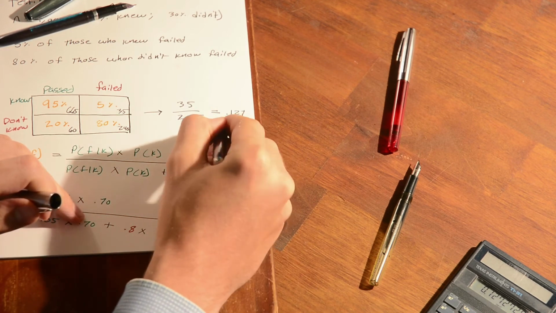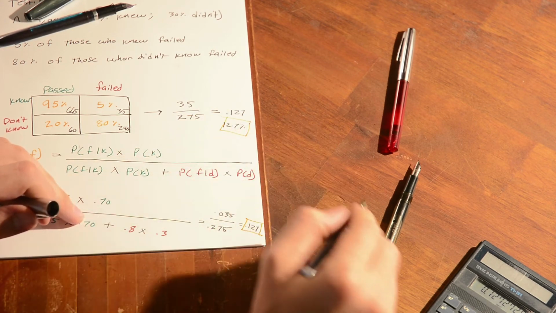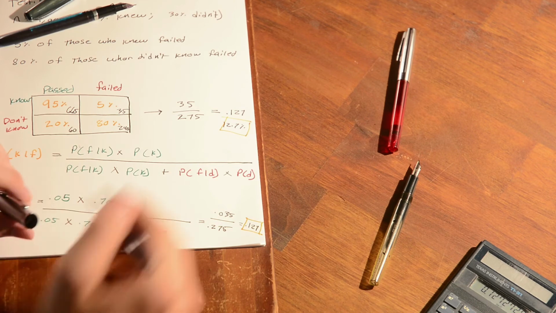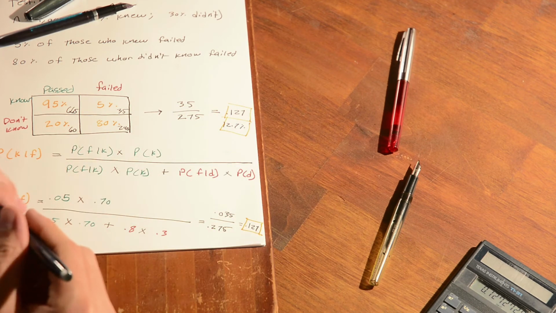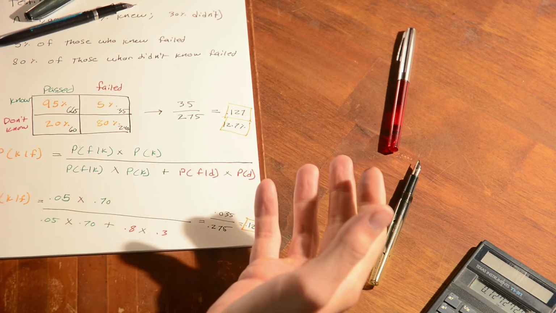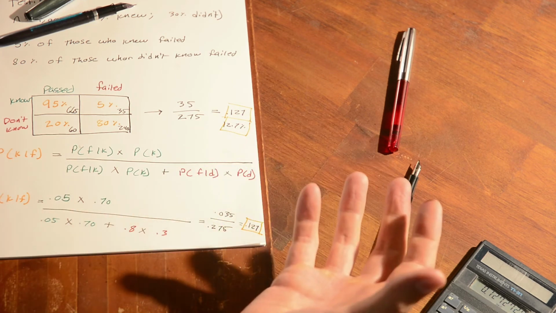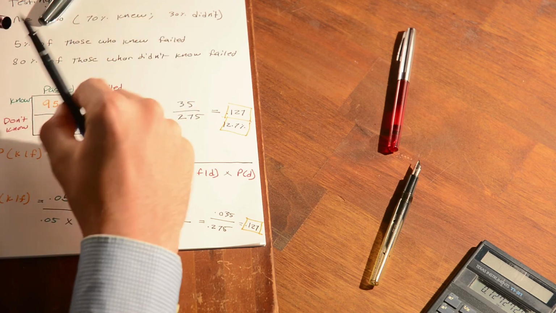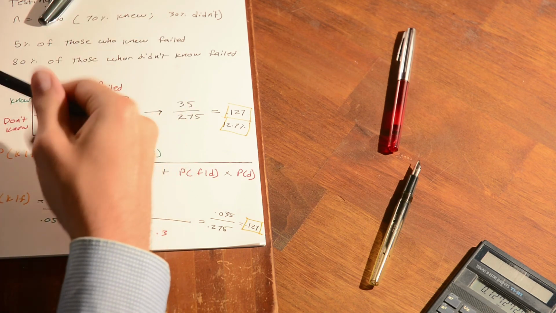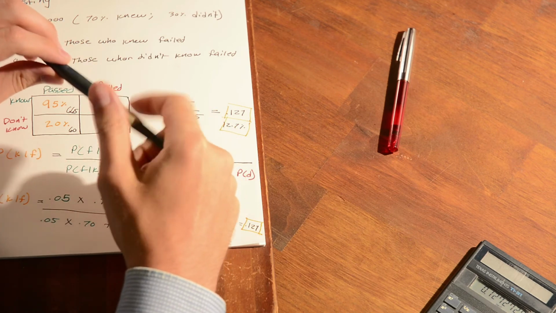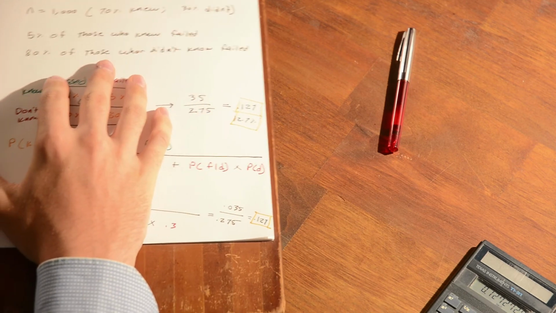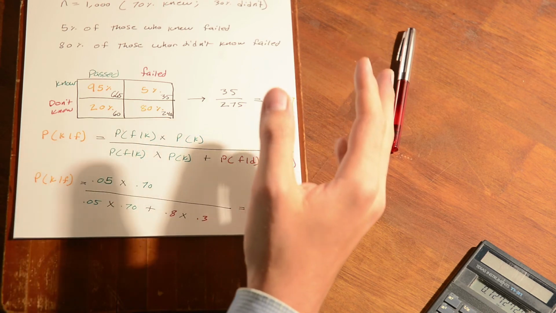So of those who failed, 12.7% knew the material. And so they failed for reasons other than not studying, not knowing the material. Those are not apropos to this example, though I'd like to discuss them as a retired teacher, but we'll leave it there.